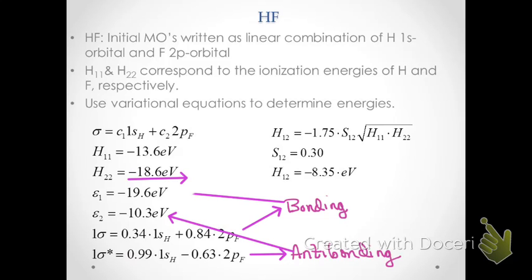The antibonding orbital has an energy of negative 10.3 electron volts, which we will note is higher than the energy of the 1s orbital on hydrogen. So the H11 represents the 1s orbital on hydrogen, and the H22 represents the energy of the fluorine. The bonding orbital is lower in energy than both atomic orbitals. That's what makes it a bonding orbital. And the antibonding orbital is higher in energy than both of the atomic orbital energies.